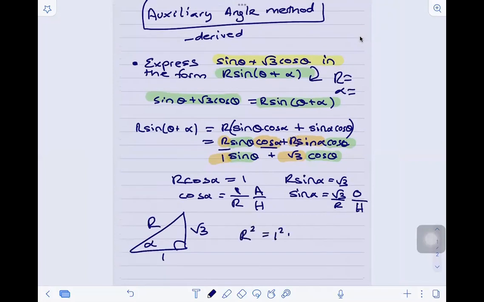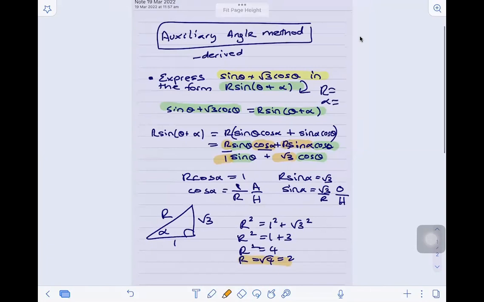So r squared is 1 squared plus root 3 squared. So r squared is 1 plus 3. So r squared is 4, root 4, which is 2. Okay, and tan alpha is root 3 on 1 because it's opposite on adjacent. So alpha is 60, which is pi on 3.